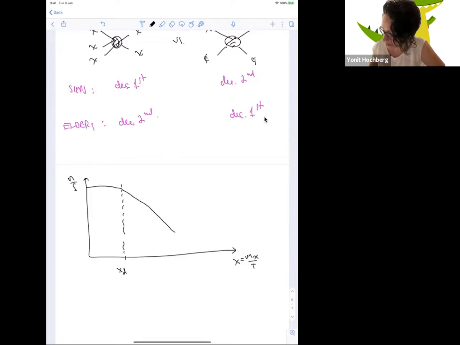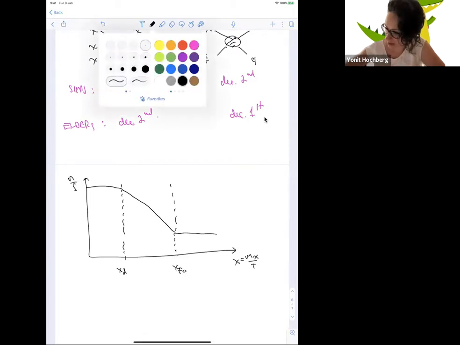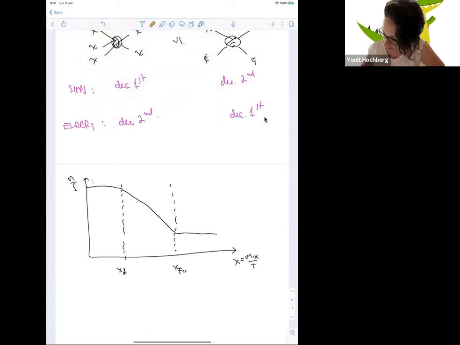And then at some point, the 3 to 2 shuts off, and we're frozen out. Okay, so this is the picture to keep in mind here. Over here, we're thermalized with the standard model. Over here, we undergo cannibalization, and over here, we're frozen out.